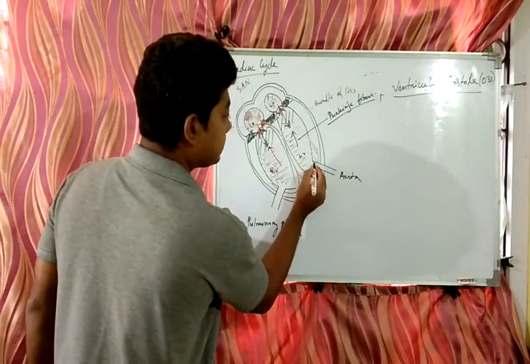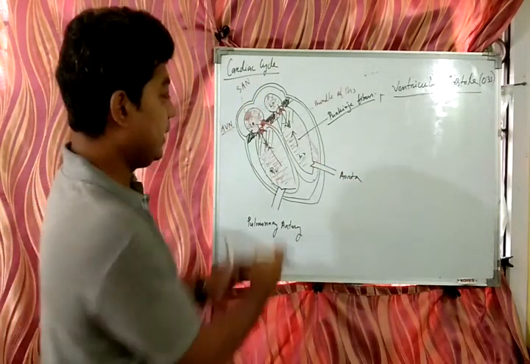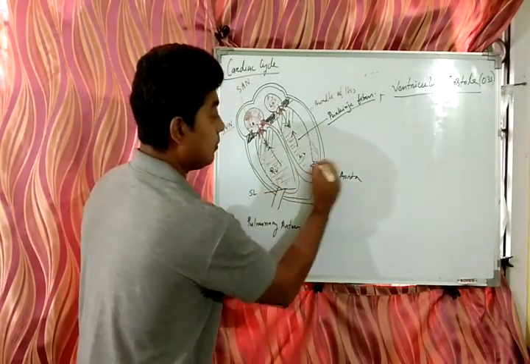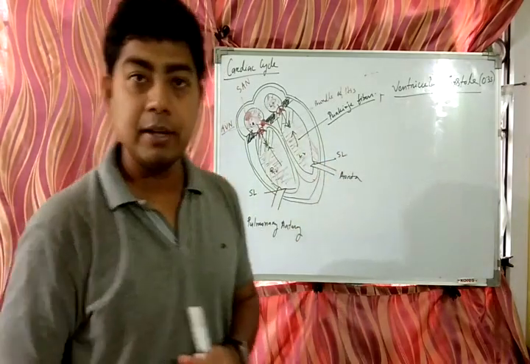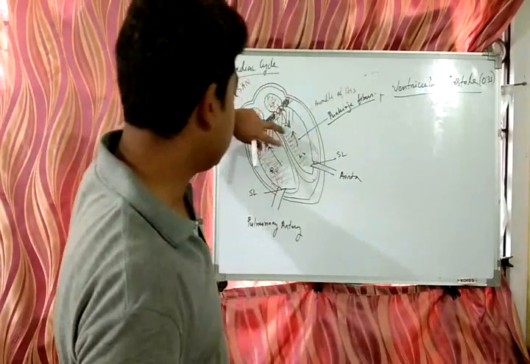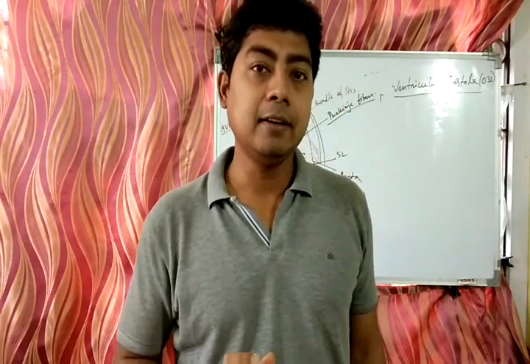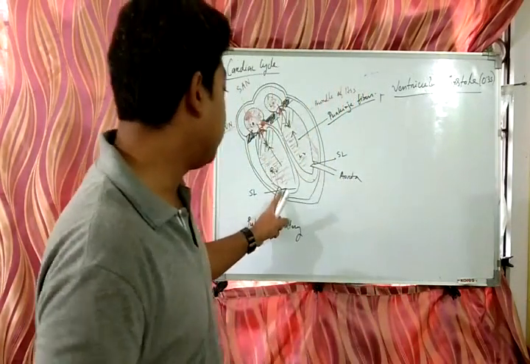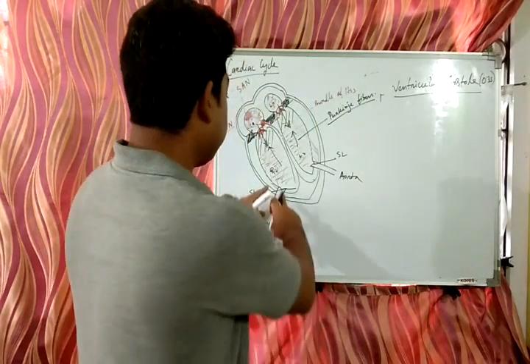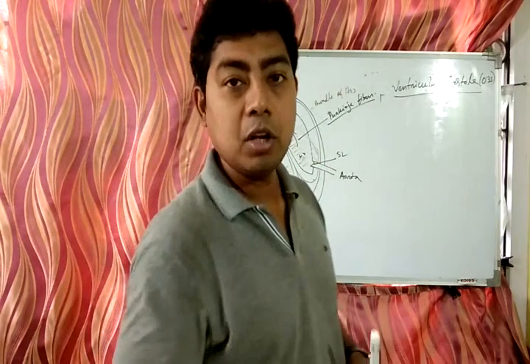So when it gives pressure, these two valves, called SL valves, semi-lunar valves, will open. When? When the ventricle gives almost 120 mmHg pressure, then the SL valves will open. From here the blood will move to the lung, and from here to the whole body system.